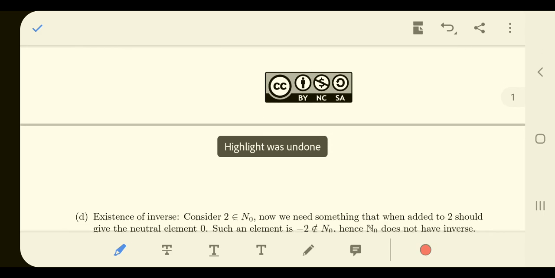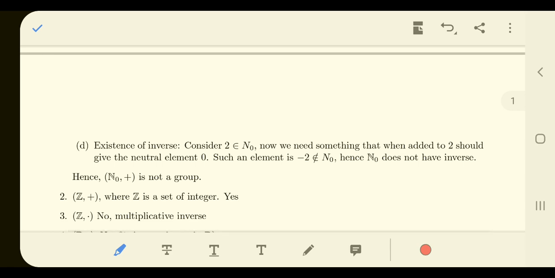Okay, let's go into the next part, which says the existence of inverse, which means that if you take any element x, it should have another element with respect to this x, so that when you add these two elements, it results in the neutral element 0. Now consider we have 2. 2 is in N0, no problem.